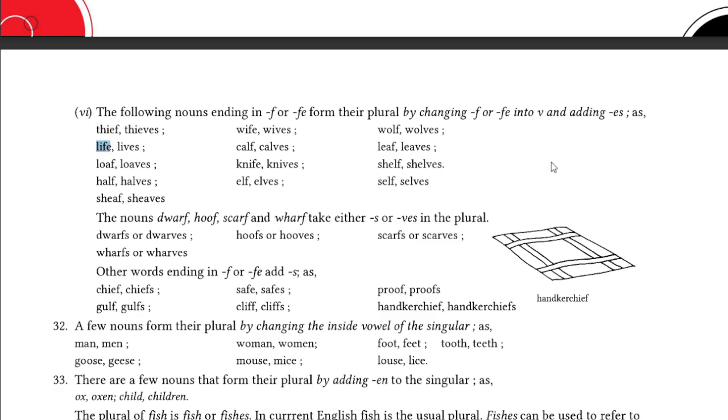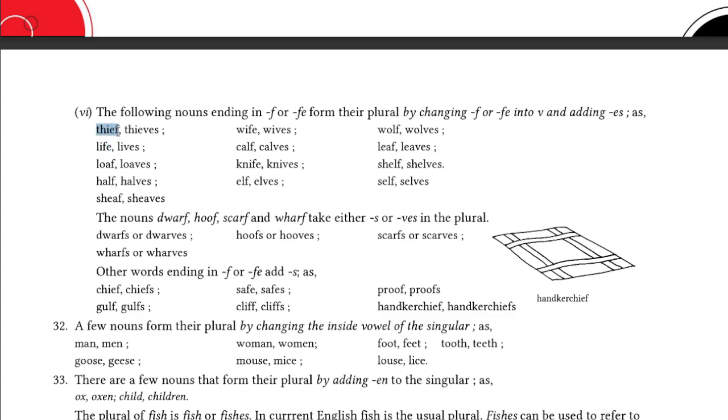For a noun which ends in F or FE, in order to form its plural, F and FE would be replaced with V, and then ES would be added.